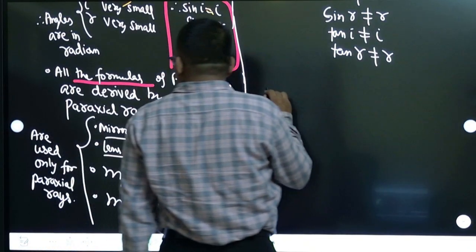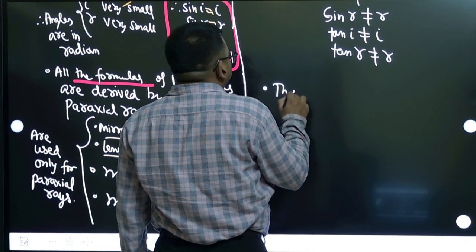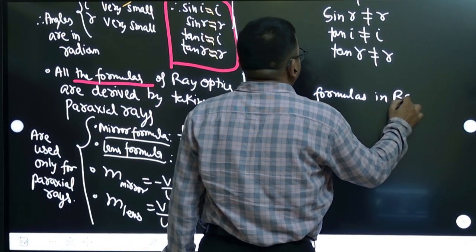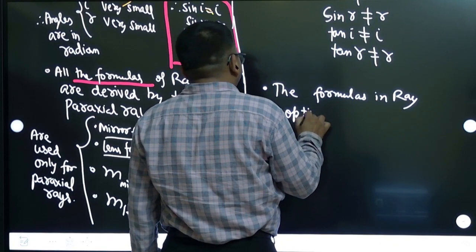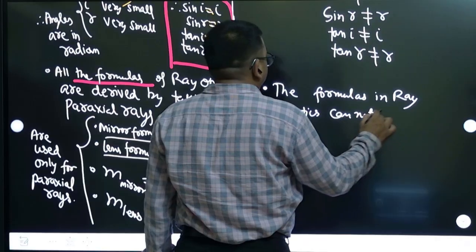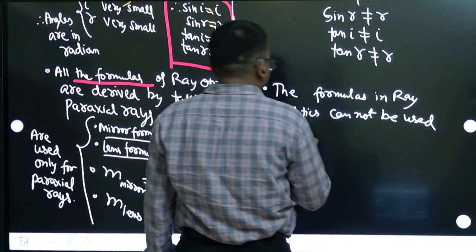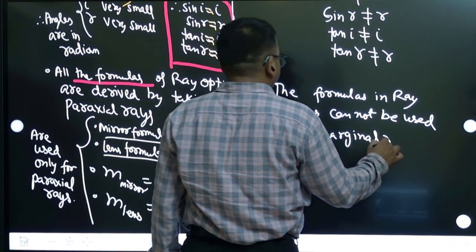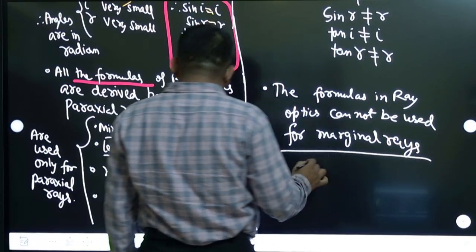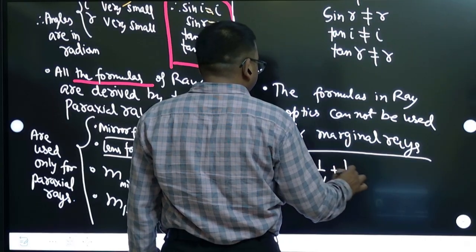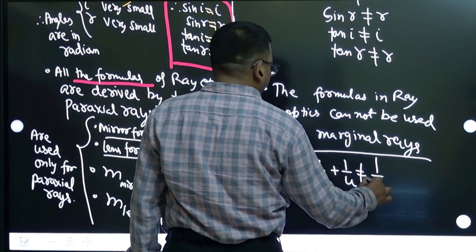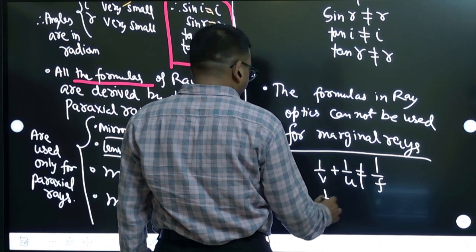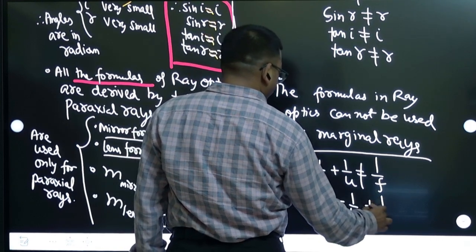So note here that these formulas in ray optics cannot be used for marginal rays. So 1 by v plus 1 by u is not equal to 1 by f. Like that, 1 by v minus 1 by u is not equal to 1 by f.